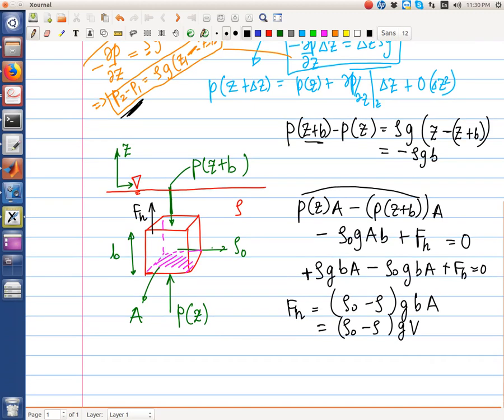So the holding force required to hold the block, if rho 0 is less than rho, FH is negative, which means that the direction of FH, as we have assumed here to be positive, will actually be negative. And it is equal to the difference in the densities between the block and the fluid times the gravitation times the volume. Okay, so this is quite obvious.